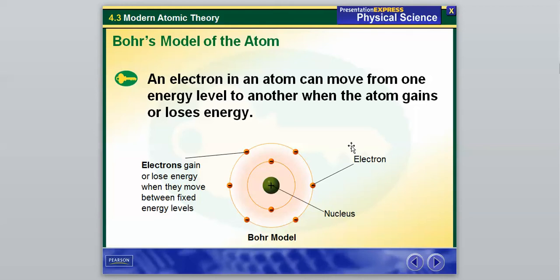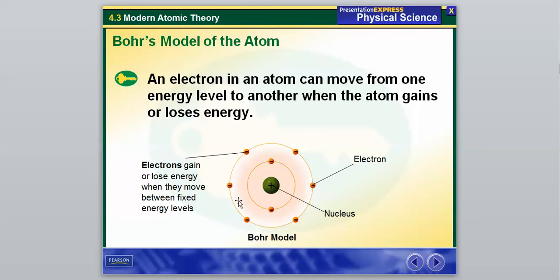If this atom gains a bunch of energy, maybe these 2 electrons will jump out of the first energy level into the second. Or if the atom loses energy, maybe these electrons will jump down into the first energy level. They can't exist halfway in between. They have to be within each energy level.